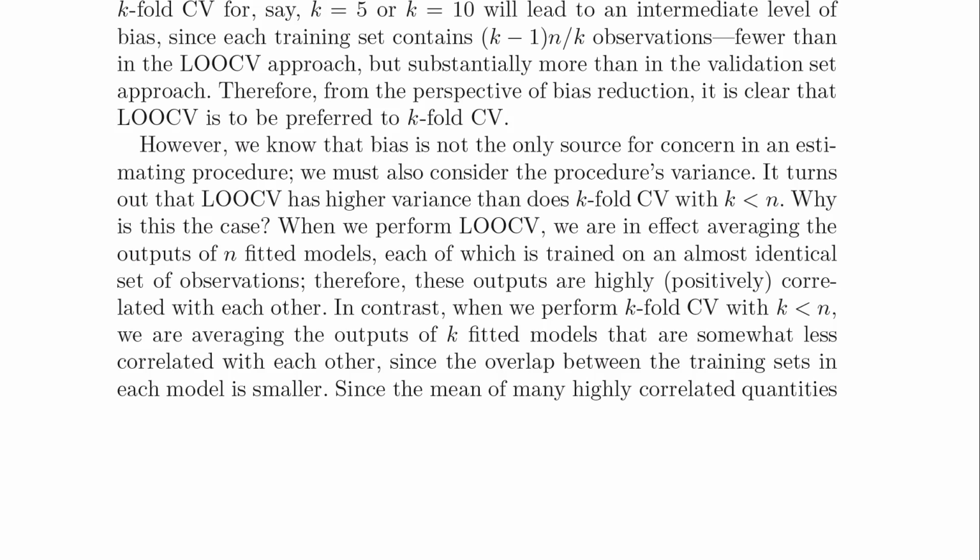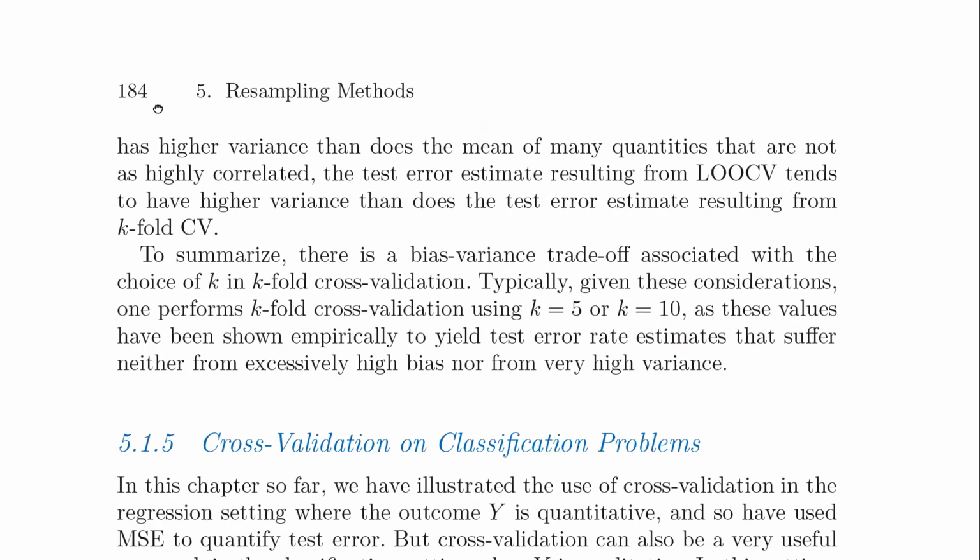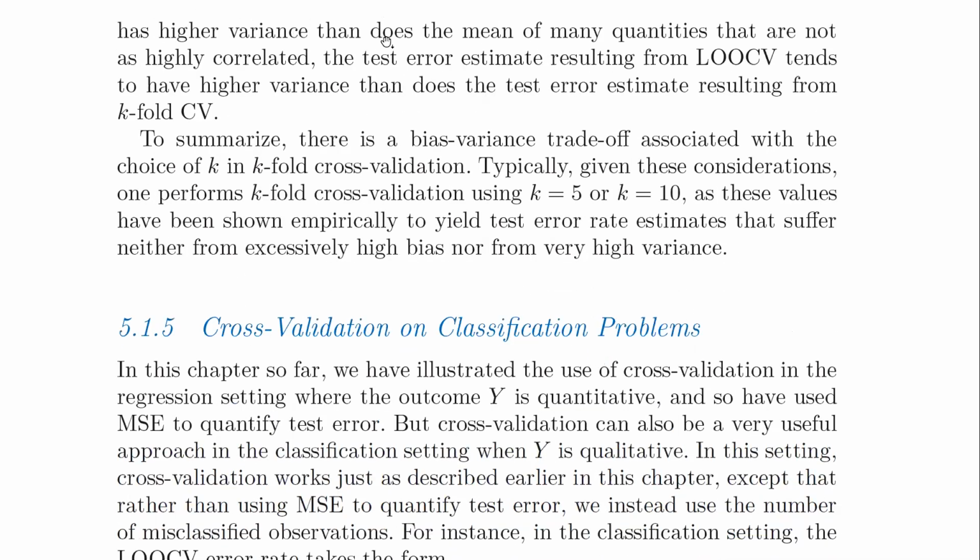Since the mean of many highly correlated quantities has higher variance than does the mean of many quantities that are not as highly correlated, the test error estimate resulting from leave one out tends to have higher variance than does the test error estimate resulting from k-fold CV.